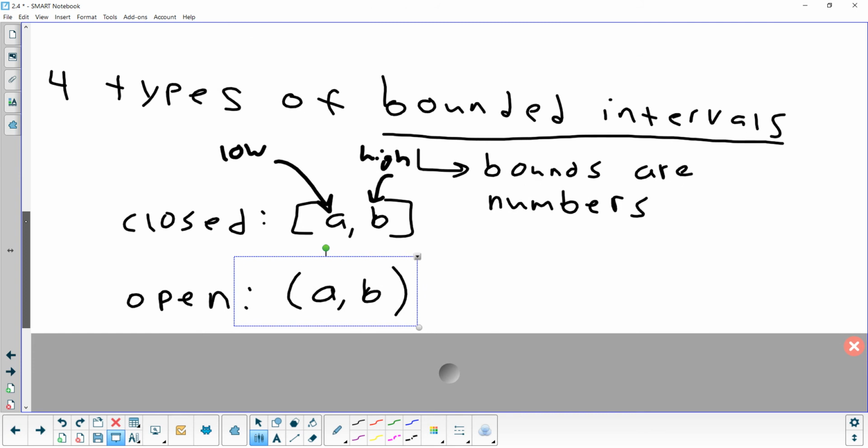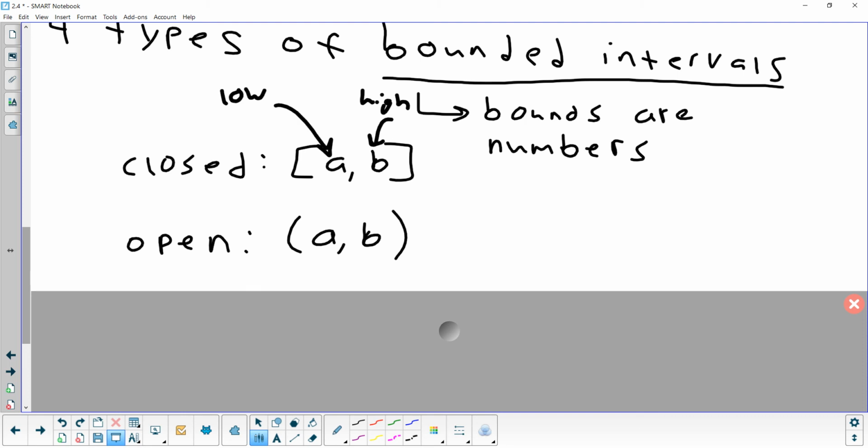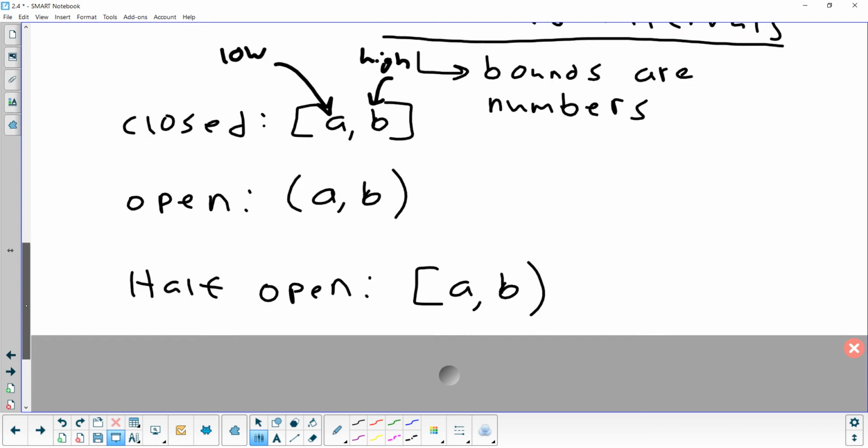Now I mentioned that there were 4 types of bounded intervals. We've got closed, we've got open. Anybody think they know another type besides the 2 I have right there? Yep, Ashley. Would maybe one be like one of the brackets and one parentheses? Yeah, like half and half. So we can have a half open interval.